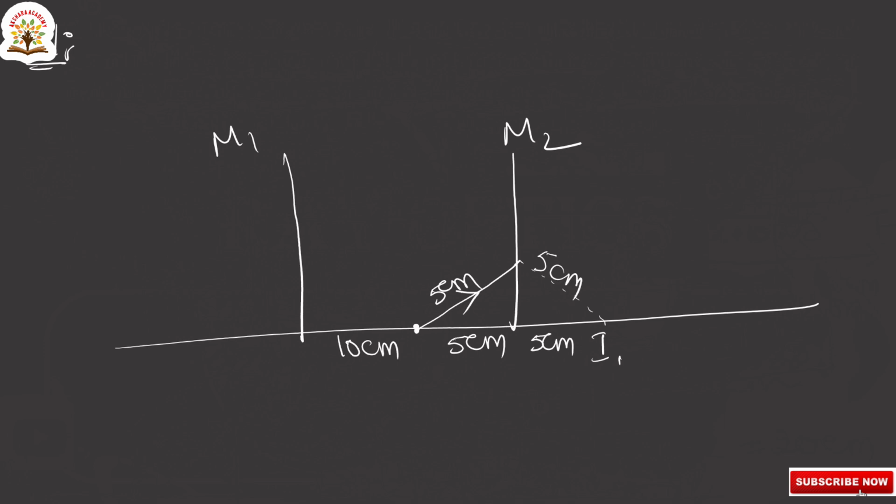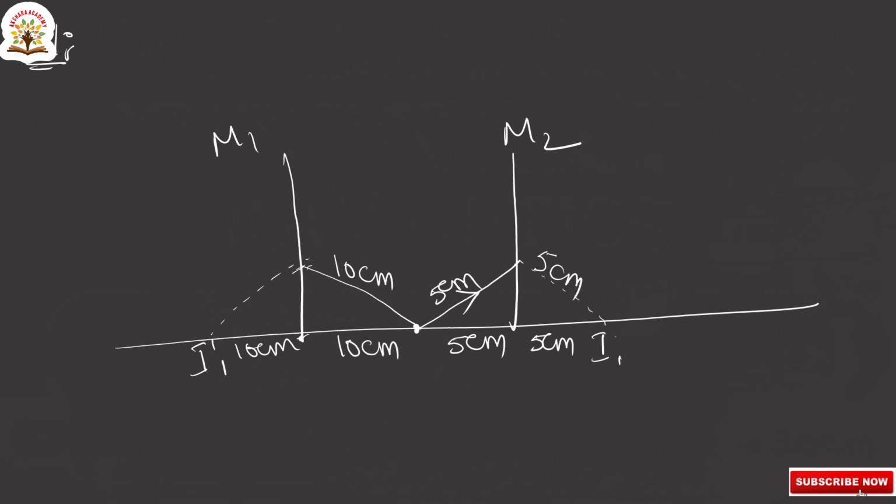And then from here to here 10 centimeter, and it forms the image in between at the same distance, 10 centimeter. It forms the image at I1 dash. This is I1 and this is I1 dash.